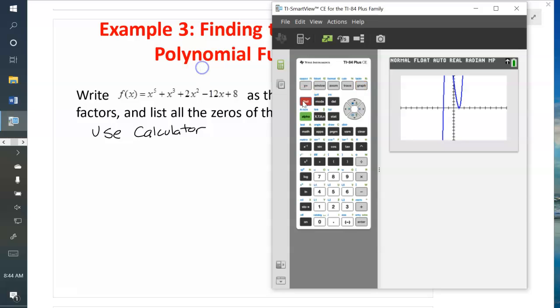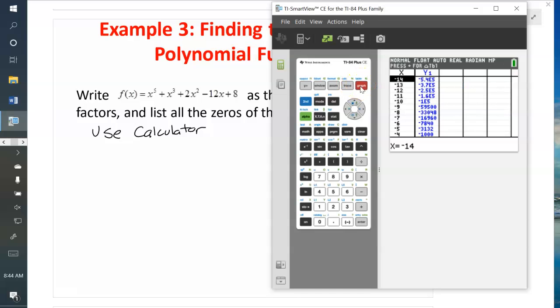One option is to open your table. So I have -2, 0, nope, that goes to 8. So I got -2 right here, and I have 1 right there.